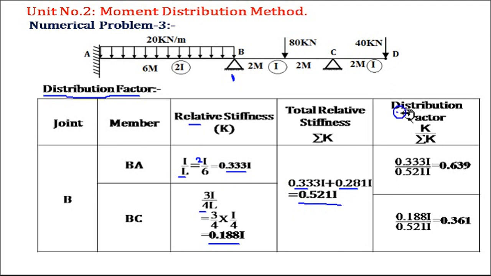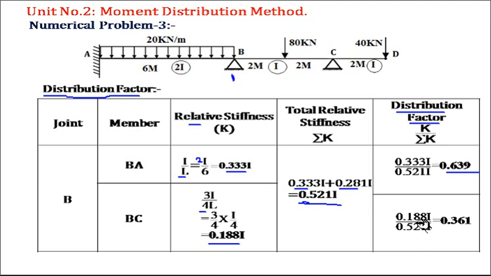Now the next step is to find the distribution factor. Distribution factor is the relative stiffness of a member to the total relative stiffness of the joint. The relative stiffness of member BA is 0.333I divided by the total relative stiffness 0.521I, so we get the distribution factor for member BA as 0.639.